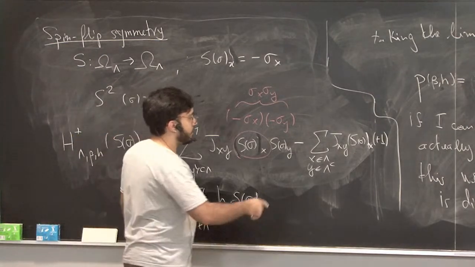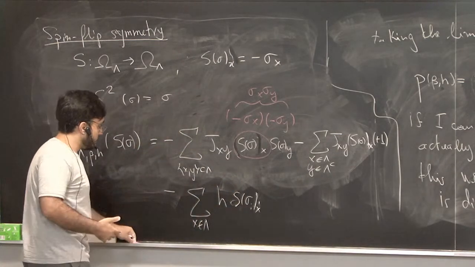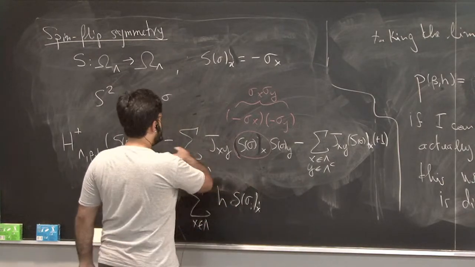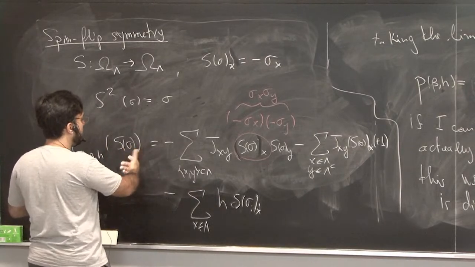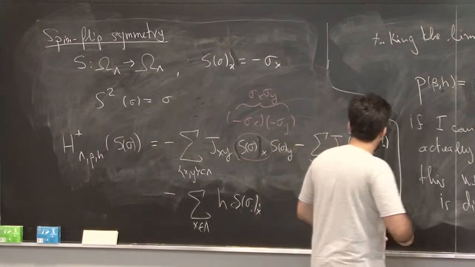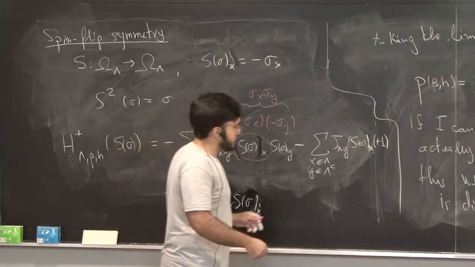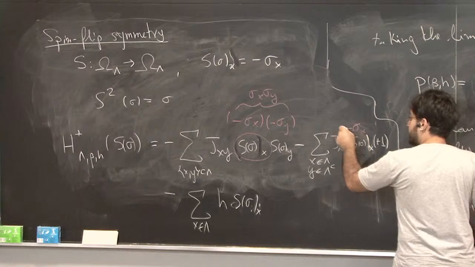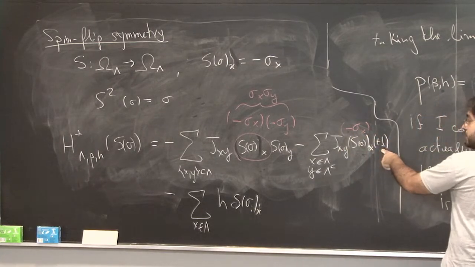But since we have these terms right here, they don't allow the system to have this symmetry. So I have to write this Hamiltonian in terms of something that depends only on the configuration and doesn't have the spin flip anymore. Then I have to make some changes. For instance, on the boundary condition side, here I have minus sigma x, but then I can take this minus sign to the plus 1.